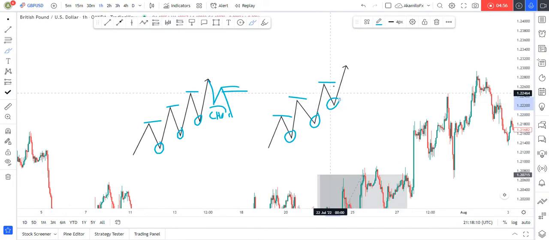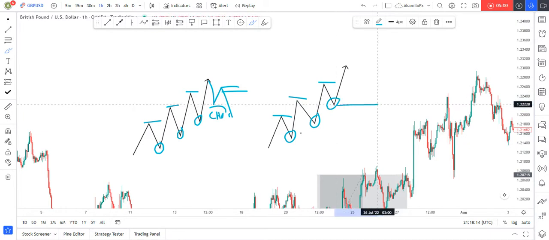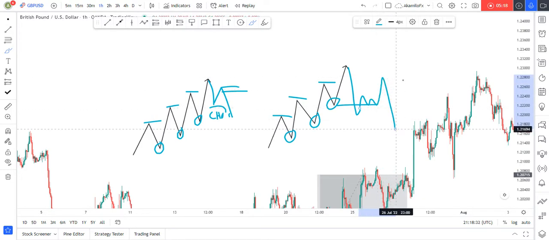So now we are not expecting price to clear this low. If price then takes off this low, then we'll be expecting price to give us this move. You understand?